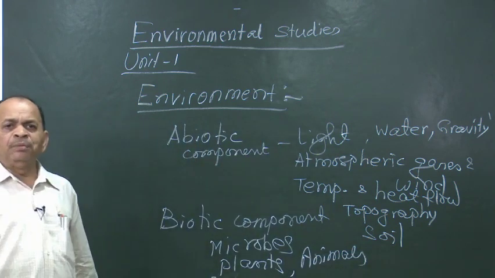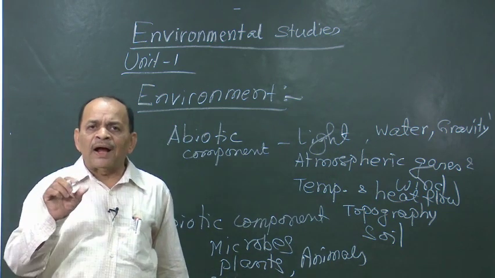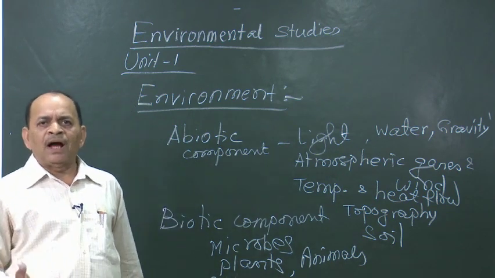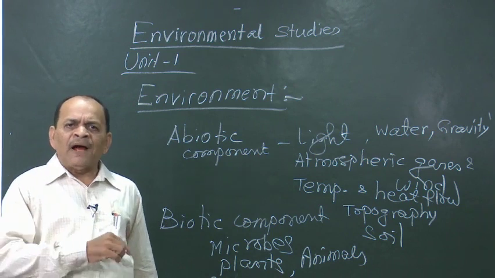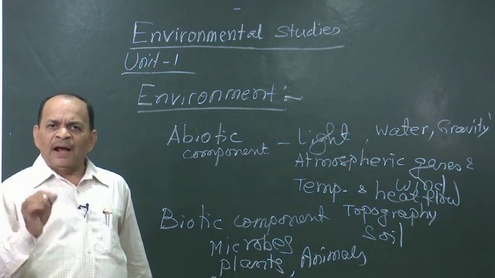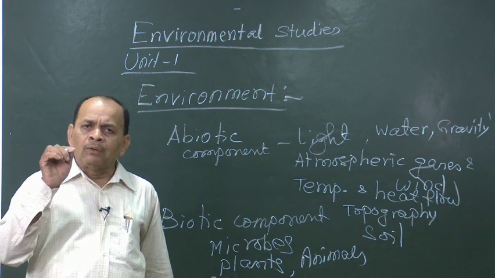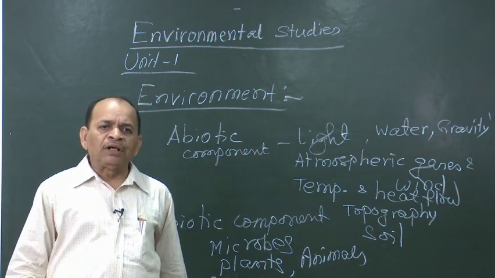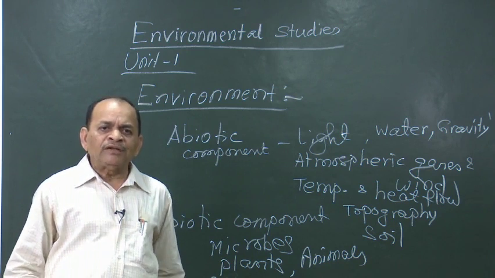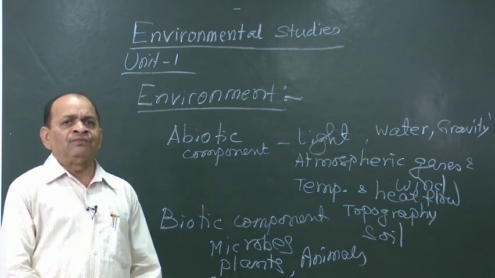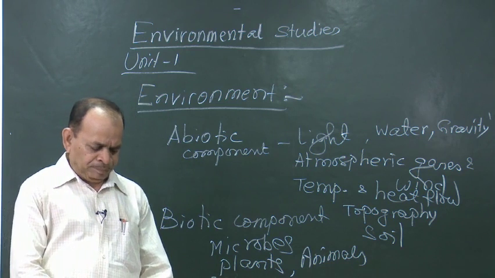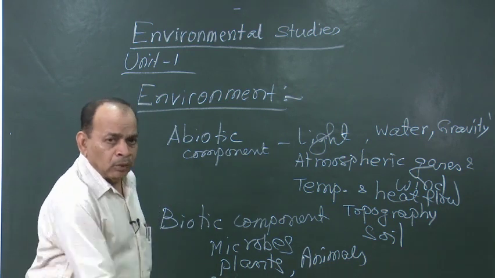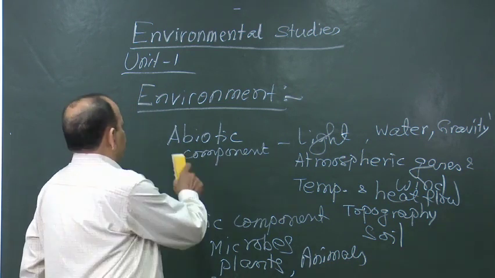Microbes means microorganisms, the bacteria, fungi. Then plants, you know plants, and animals, all animals including human beings, they come under the biotic component. So these are the two components of the environment. Then we will go to types of environment.